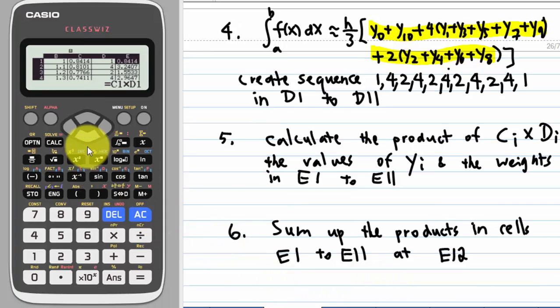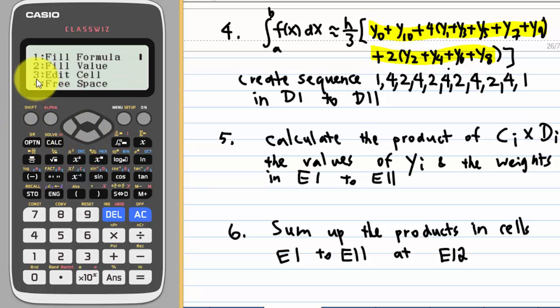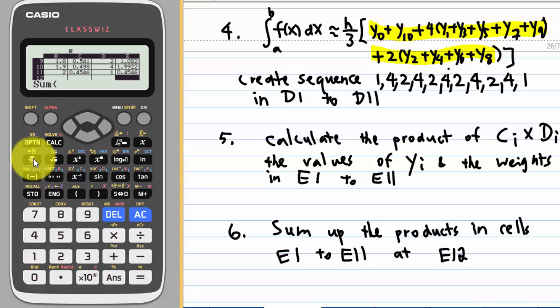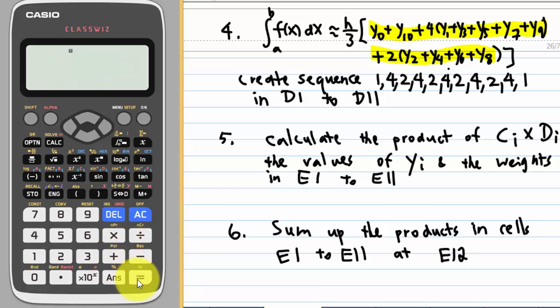First, I move the cursor all the way down to E12, and then I click option 3 for edit cell, and then click option again and move the cursor down to find the sum function, 4. The formula is the sum from alpha E1 to alpha E11, close the bracket, and equal.